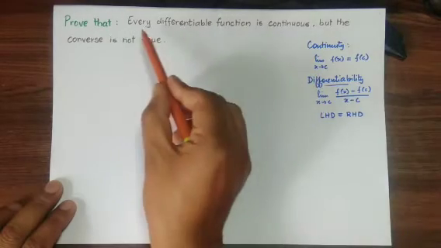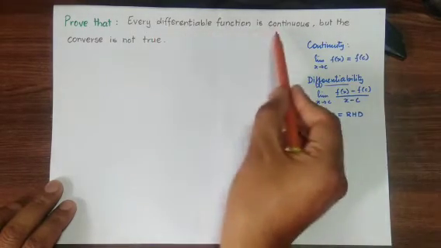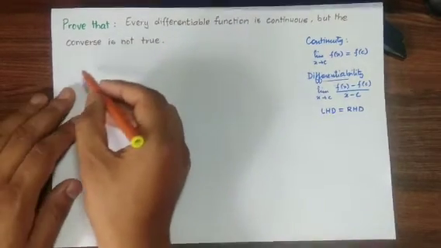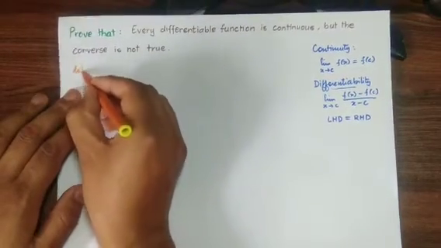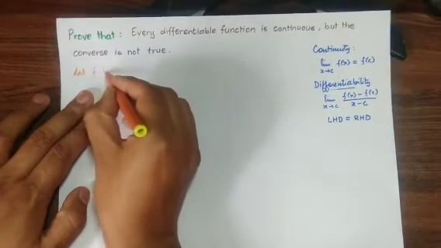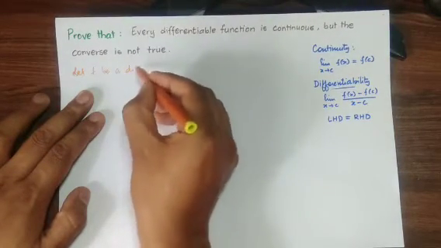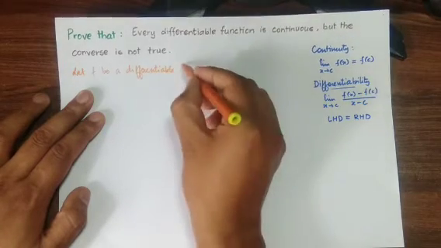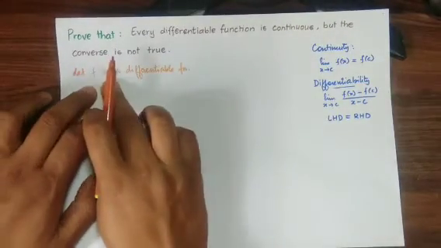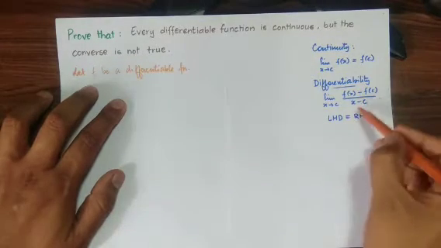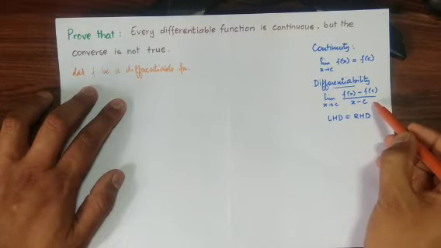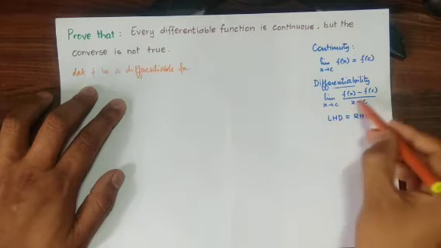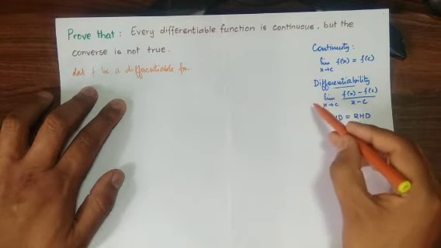Now let us see the proof part of the first statement, that is every differentiable function is continuous. Now I'm going to assume let f be a differentiable function. Now if f is differentiable, then we know that this limit exists, and the value of this limit will be equal to f dash of x.